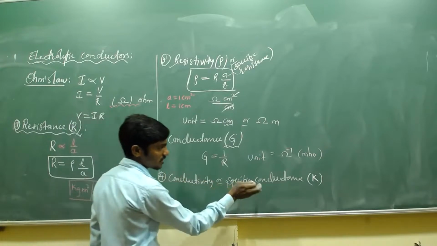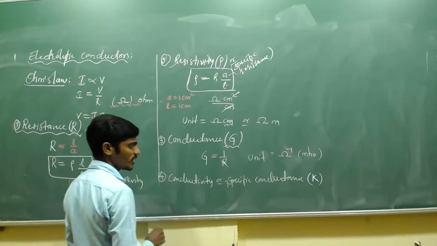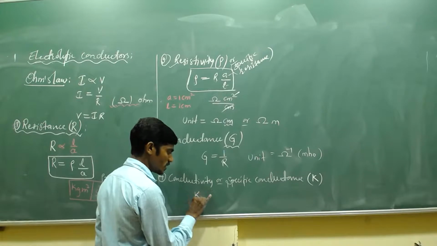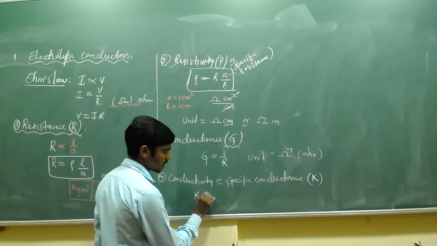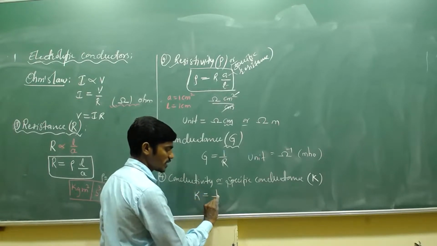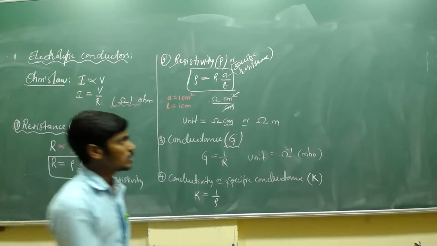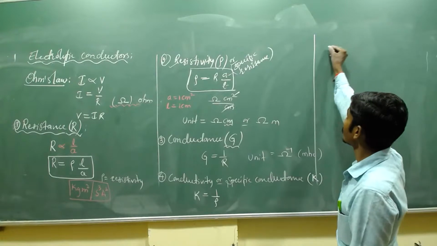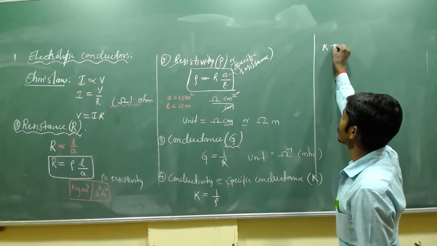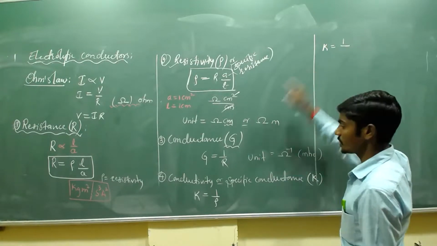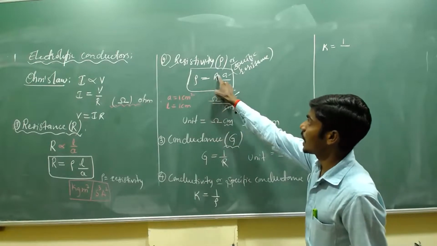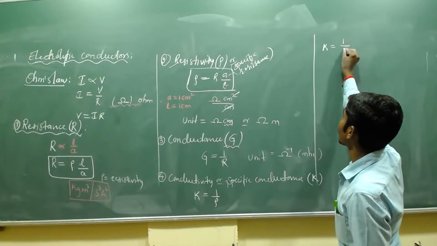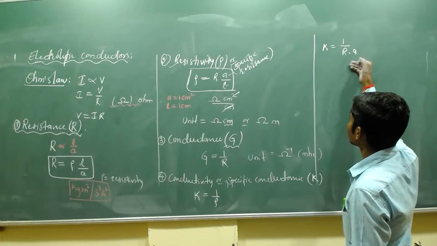So conductivity kappa is the inverse of resistivity. Let us substitute: kappa is equal to 1 by resistivity. So what is the formula of resistivity? RA by L. So 1 by RA divided by L.